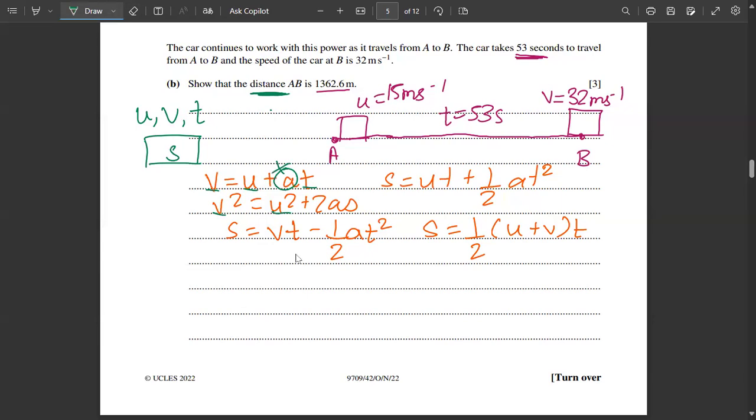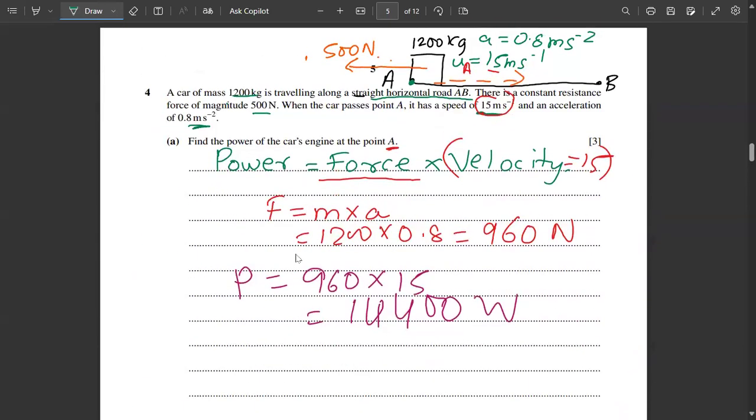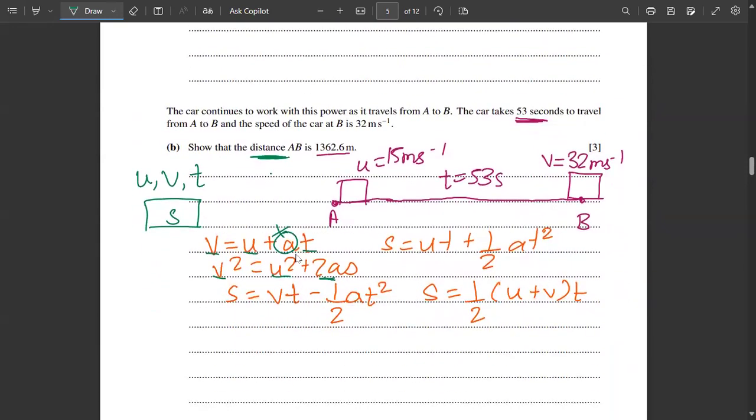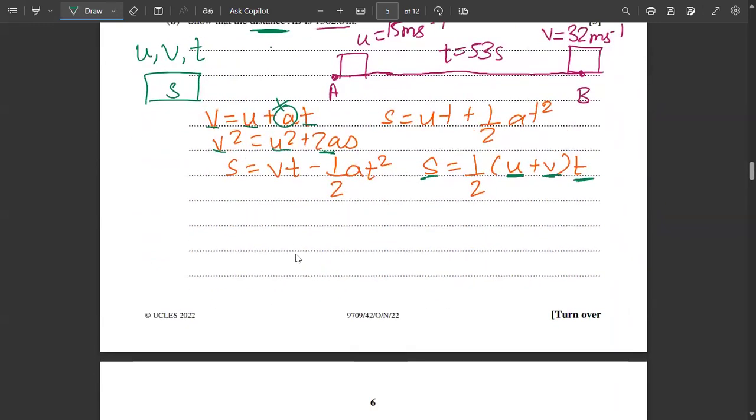Here we don't have t, so we can't find s because we do not know the acceleration. Here we have u, we have v, we have t, and we'll find s. U v t s. So this is the perfect combination.